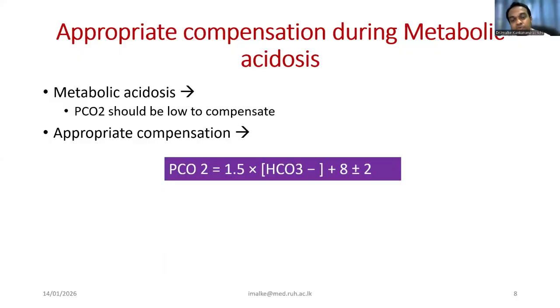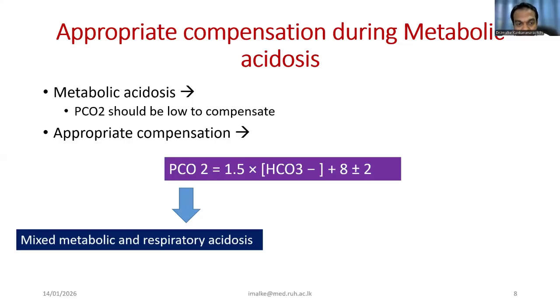So this is the formula. This is the third formula I am showing you today. The first was how to calculate the anion gap, the second was to calculate the calculated osmolarity, and the third is how to assess the compensation. This is very easy to remember: you take your bicarbonate amount, multiply it by 1.5, plus 8, plus or minus 2.